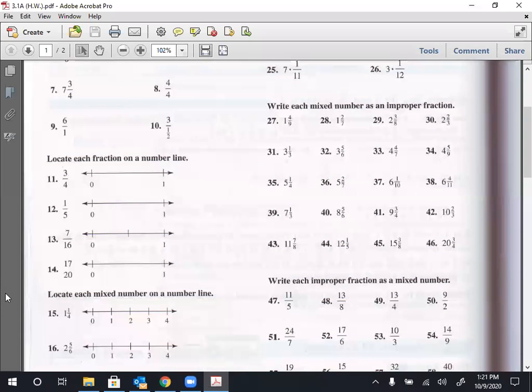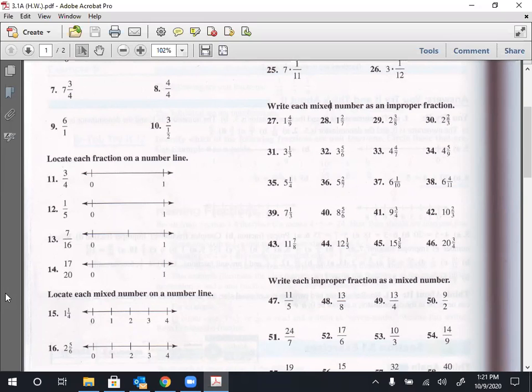I will write out for you and send you a PDF of it.